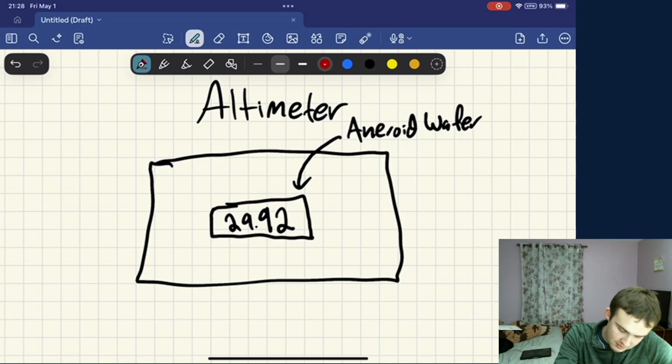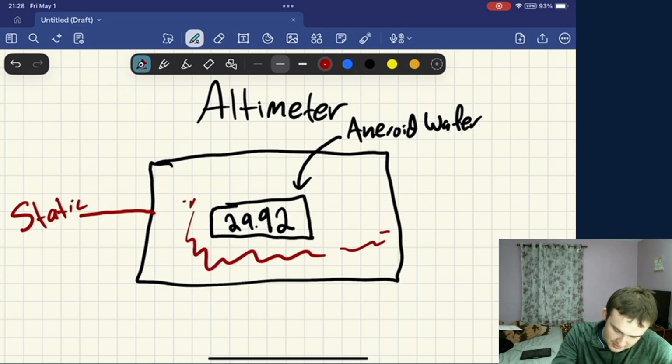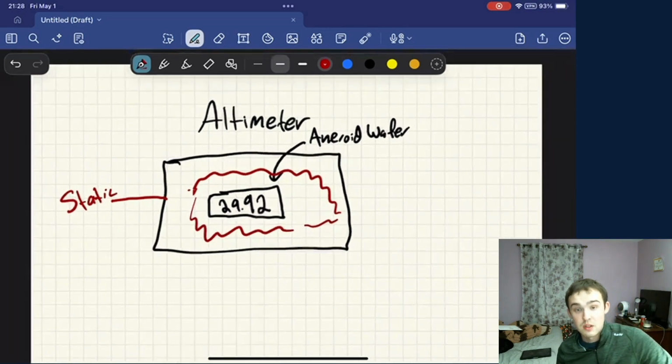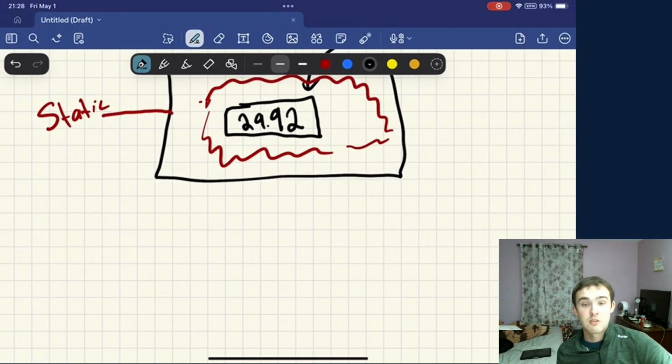What is happening is we have static pressure coming in and filling up the area around the aneroid wafer. And what that's going to do is create a pressure differential, just like we discussed before with our airspeed indicator. It's just creating a difference in pressure.